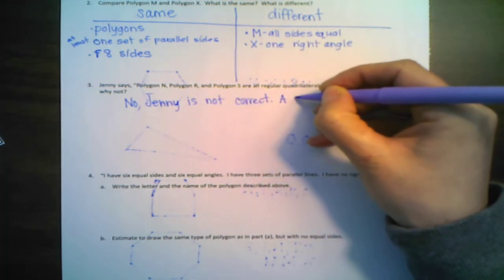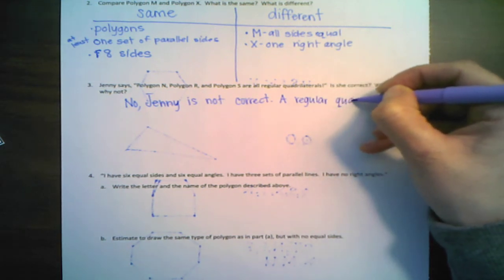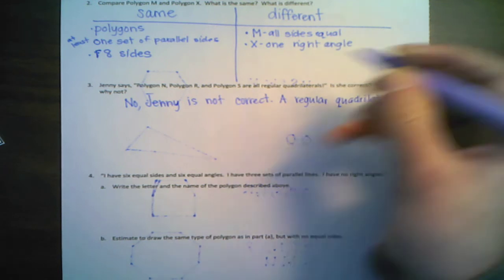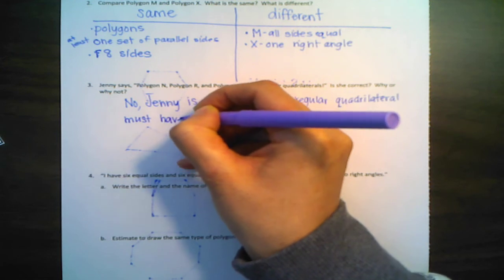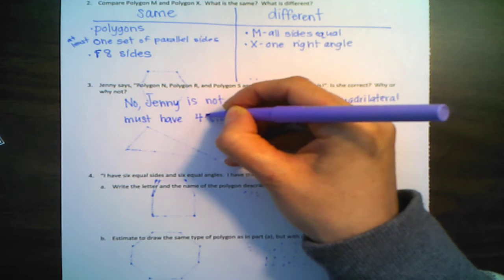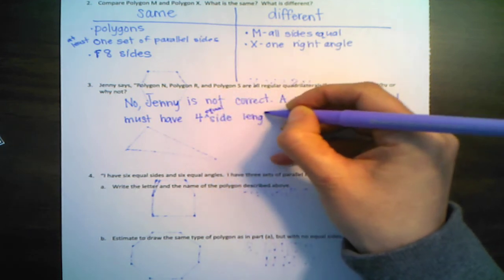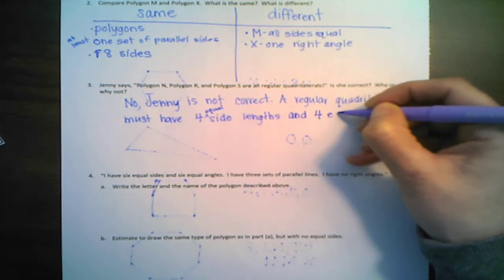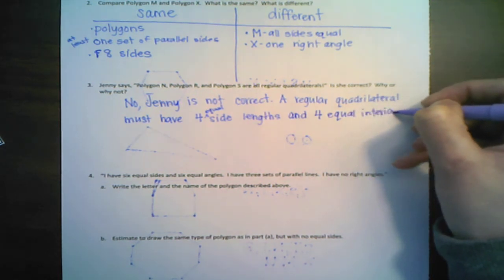We can say a regular quadrilateral must have 4 equal side lengths and 4 equal interior angles.